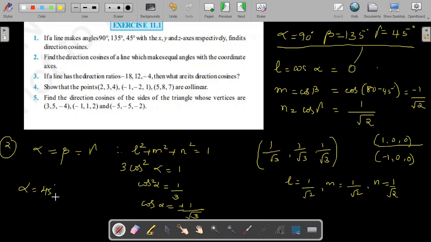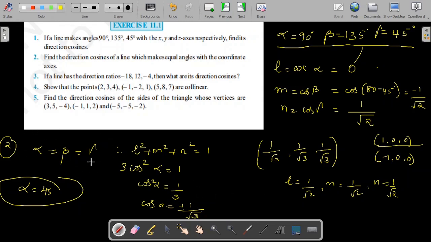Therefore, you can never have a line which makes an angle of 45 degrees with the x-axis, 45 degrees with the y-axis and 45 degrees with the z-axis. So it's not possible. Without drawing a line, without checking it the geometrical way, we can sit here and check whether it is possible. It is not possible.